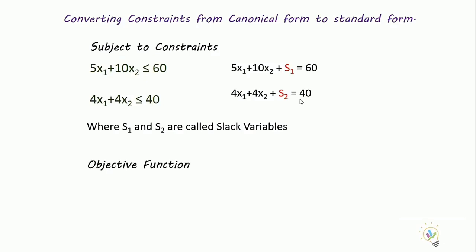Now the objective function is maximize z is equal to 6x1 plus 8x2 plus 0S1 plus 0S2. The slack variables have the coefficient of 0 in the objective function. This is important to note. Now we'll start the simplex problem.